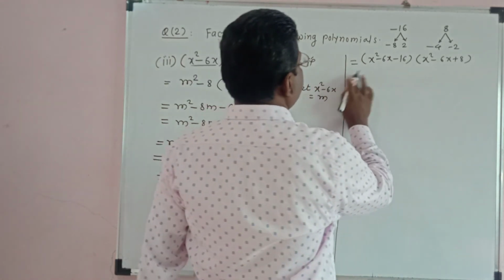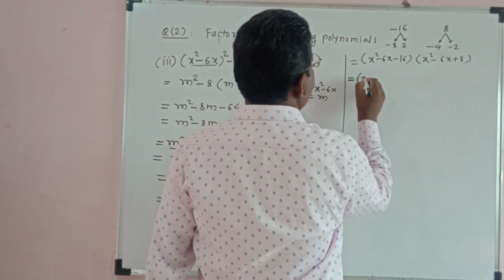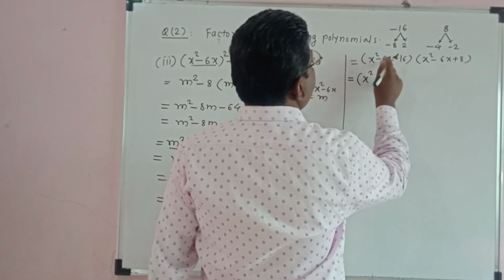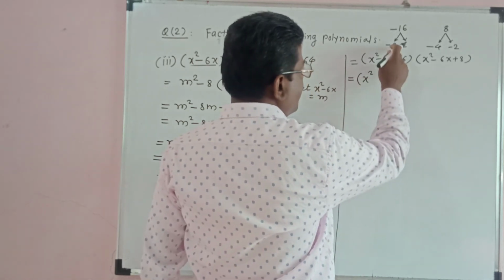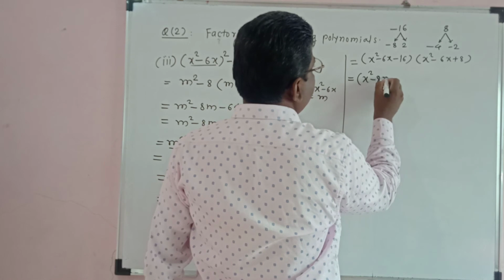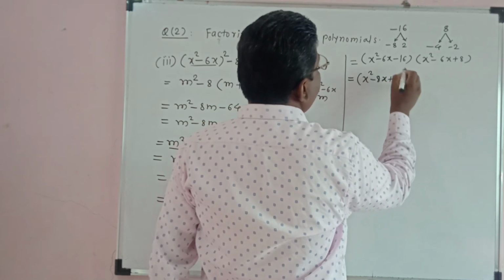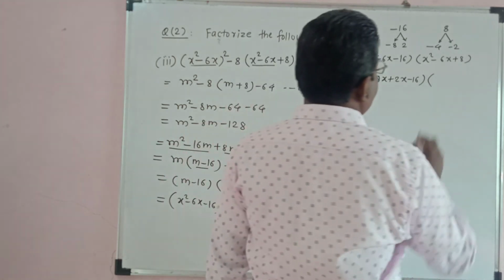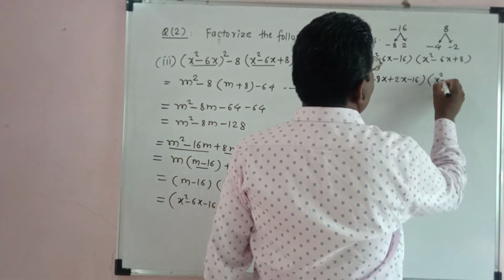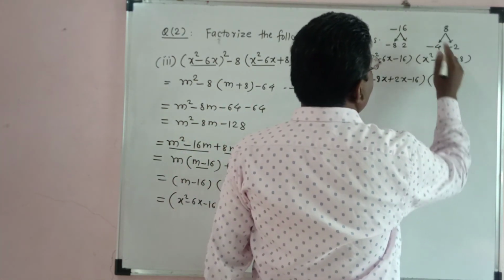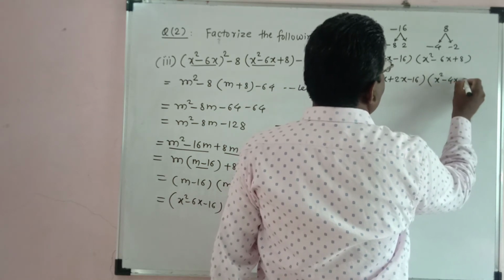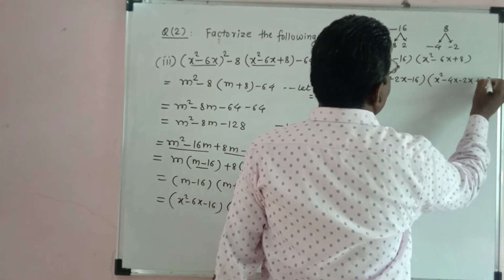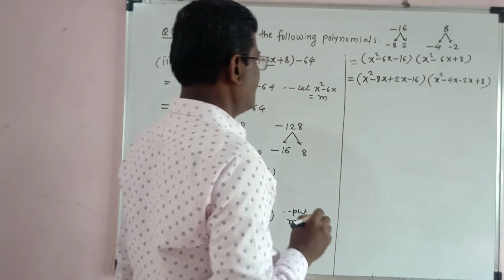So we write x square, we split up this minus 6x as minus 8x plus 2x minus 16, and in another bracket x square minus 6x we can split up as minus 4x minus 2x plus 8.